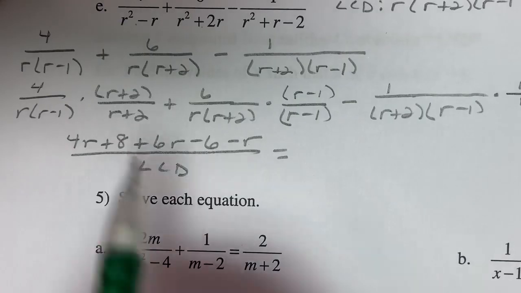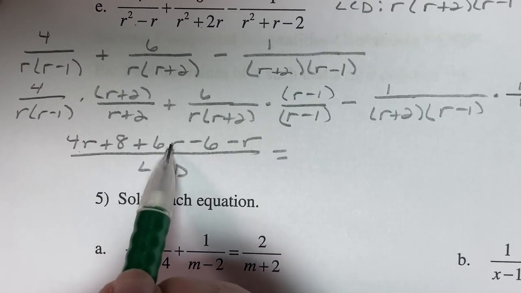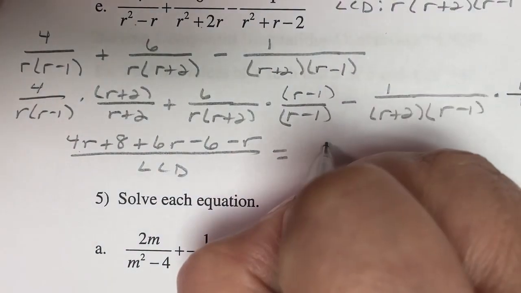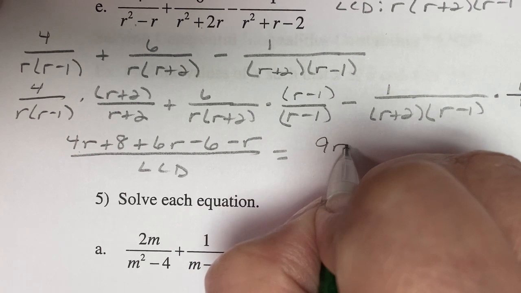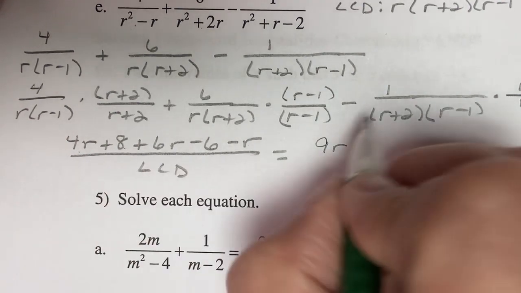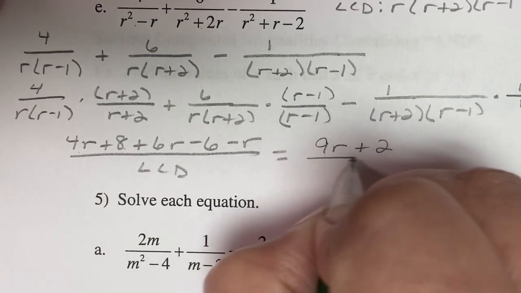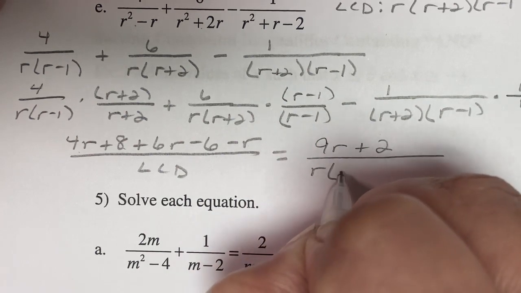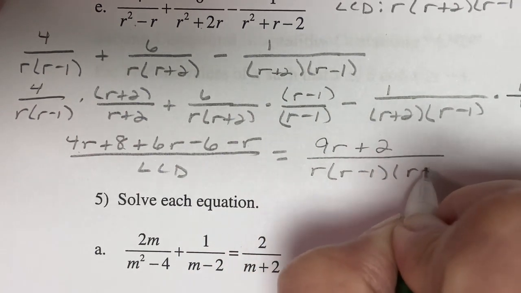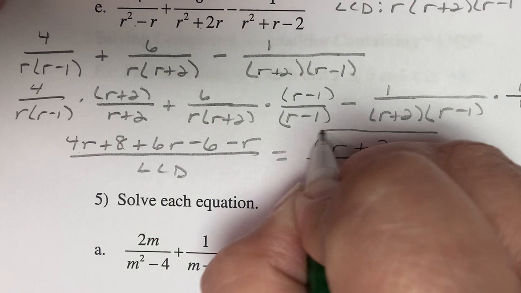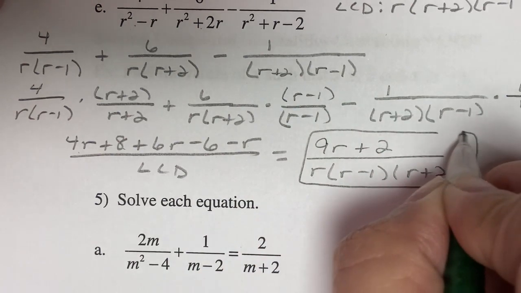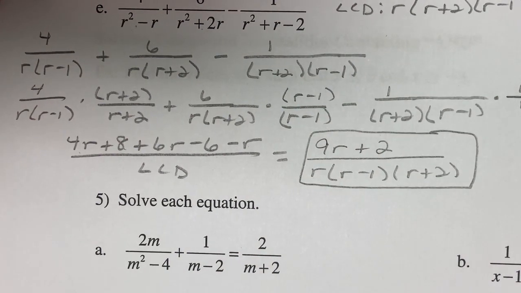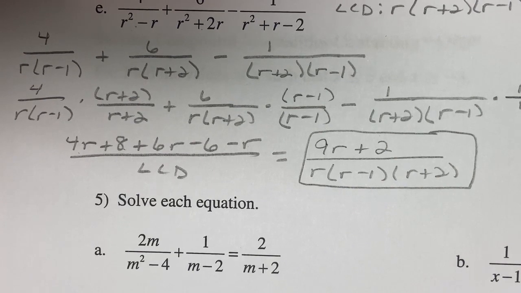Combining like terms, let's see, I have 4r plus 6r is 10r minus r. I would have 9r. And then 8 minus 6 is plus 2 over r times r minus 1 times r plus 2. And nothing can be done to factor, so there's no canceling to be done. Hopefully that's the answer you got.